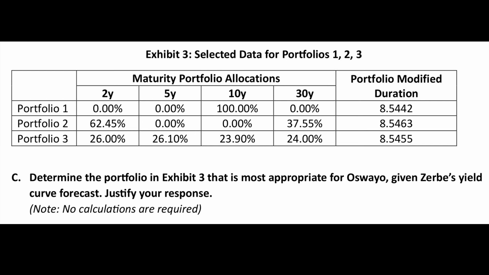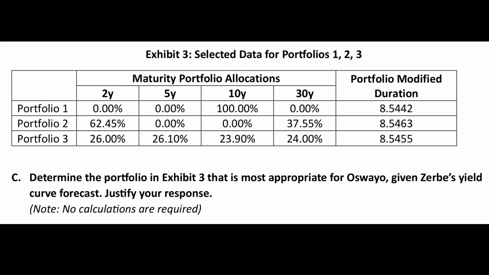If you look at portfolio 3, that's a ladder portfolio. The ladder portfolio is unnecessarily going 26.1% in the 5-year bond, which will suffer the duration pressure. You can argue, sir, even the 2-year, we are unnecessarily putting 26%, but 2-year hardly has a duration. So portfolio 2 is the best. Okay. You don't have to focus on 62.45% in the 2-year yield.